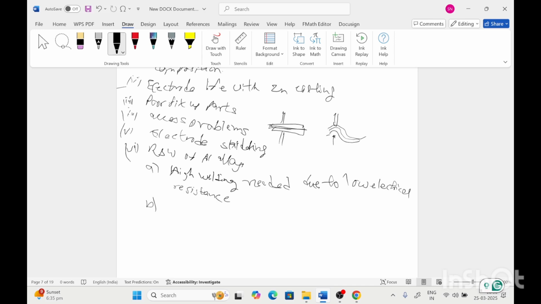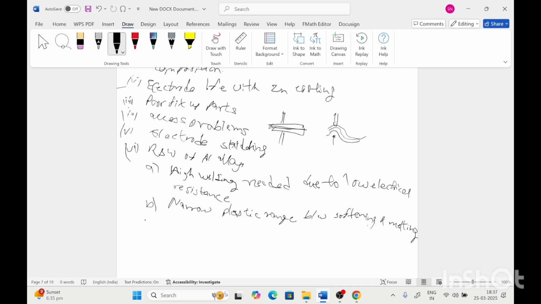The second point is the narrow plastic range between softening and melting parameters. The softening and melting points of the aluminum alloys are very near to each other, so we have to control the current in such a way that it does not melt and only softens.